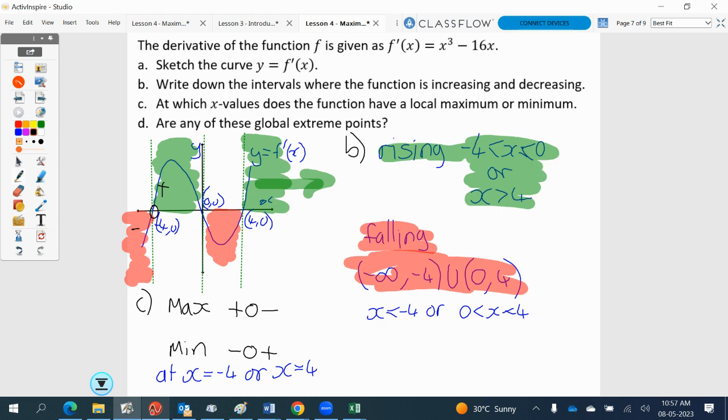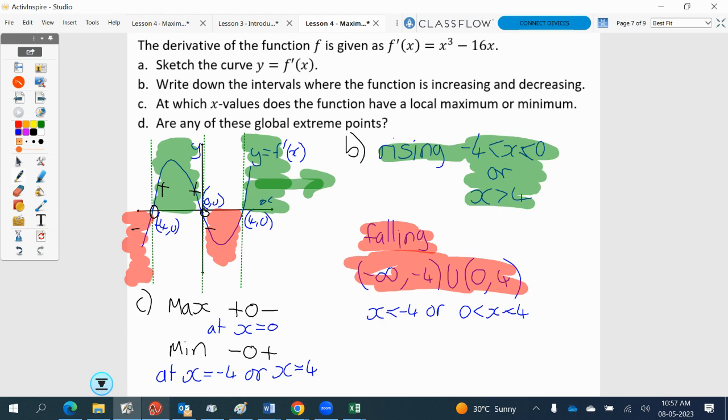However, here at 0, it goes positive, 0, negative. So this is at x equal to 0. We have a maximum point at x equal to 0, and we have a minimum point at -4 and 4.